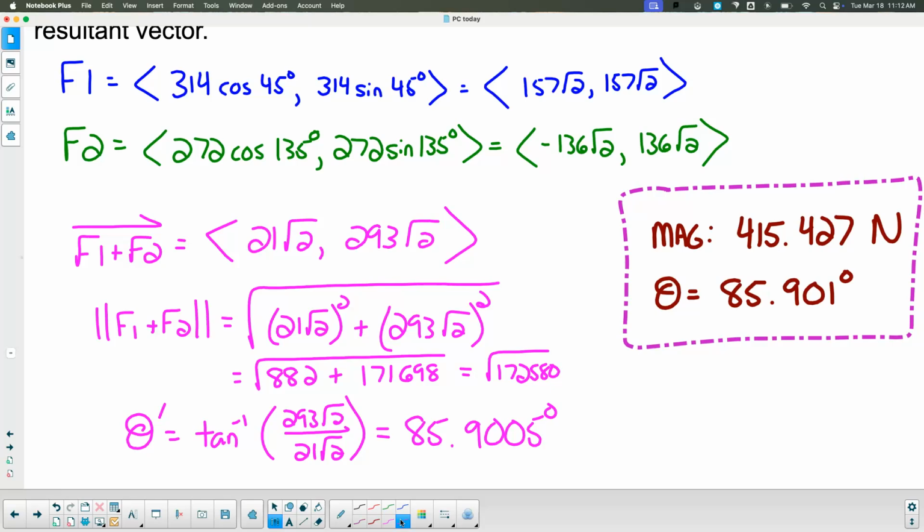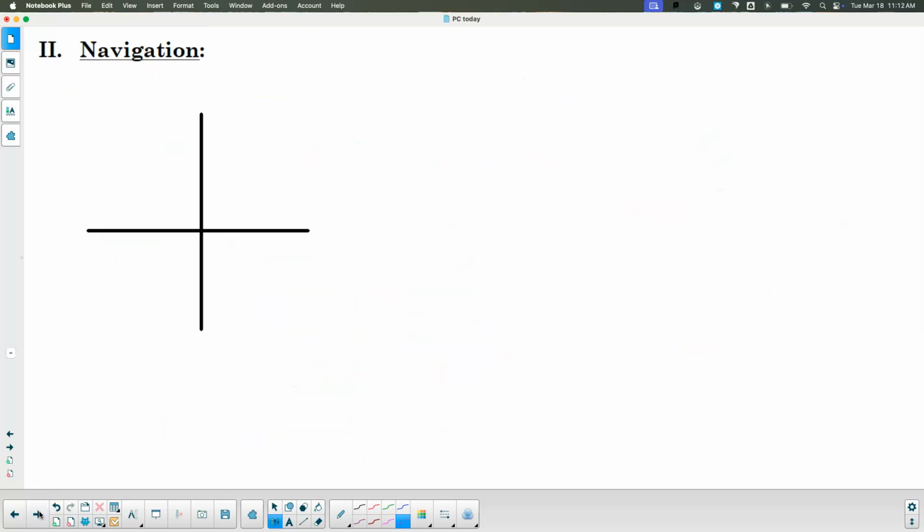All right, let's go on. Let's get to some navigation. So again, I remind you that in navigation, north is up and it is 0 degrees.